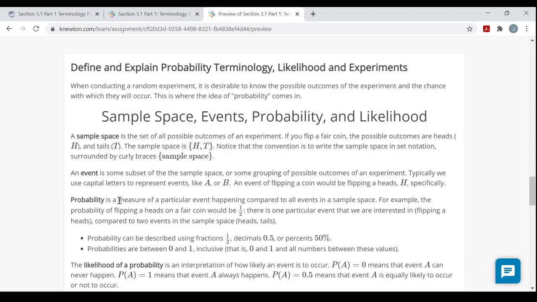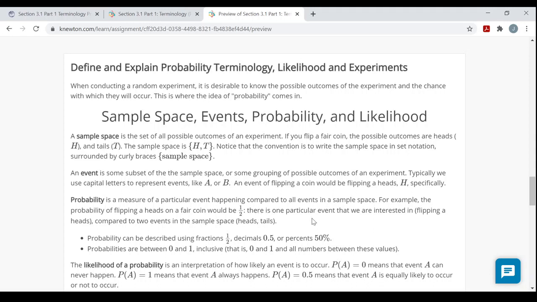Probability is a measure of a particular event happening compared to all events in a sample space. For example, the probability of flipping a heads on a fair coin would be 1 out of 2. Because again, there's one head out of the 2 possible outcomes, heads or tails.